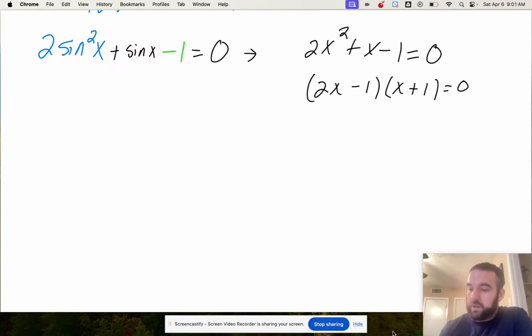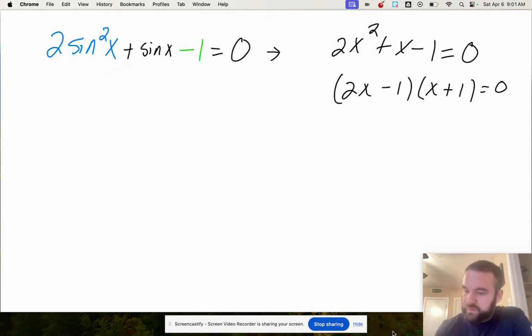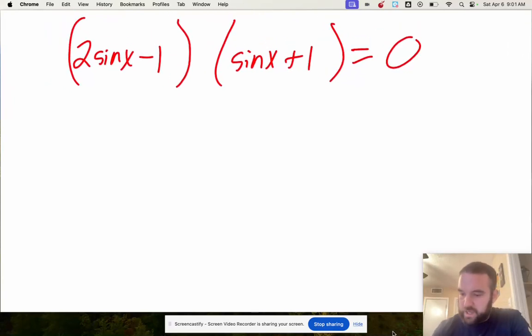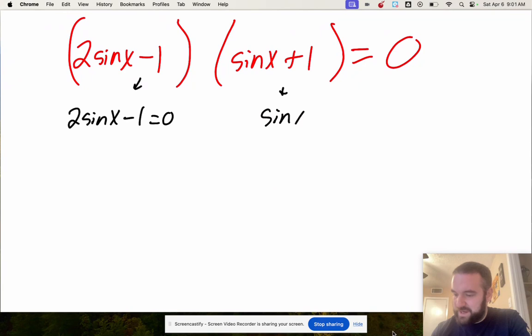Anyway, going back to this, I can use what I just did to factor this equation into 2 sine x minus 1 and sine x plus 1. So now, 2 sine x minus 1 has to equal 0, or sine x plus 1 has to equal 0.